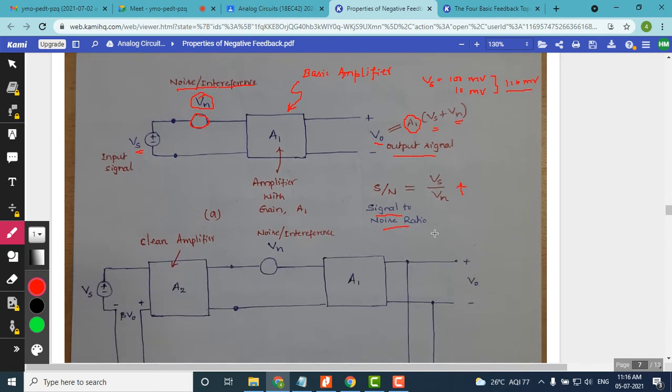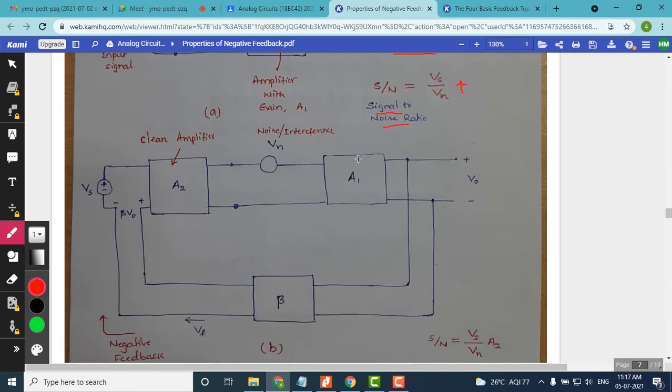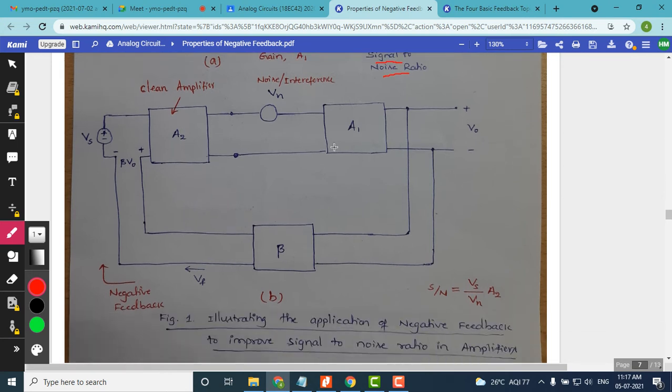With the same amplifier, now we have to reduce this noise. In order to improve the signal to noise ratio, Vn should be less and Vs should be larger, and we have an alternate block diagram here which will illustrate how to reduce noise. Let us understand each and every block of this diagram.